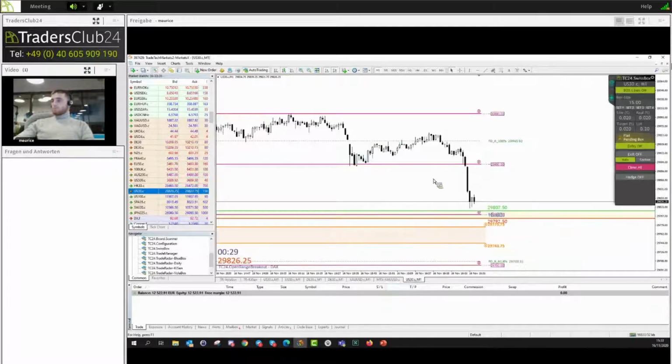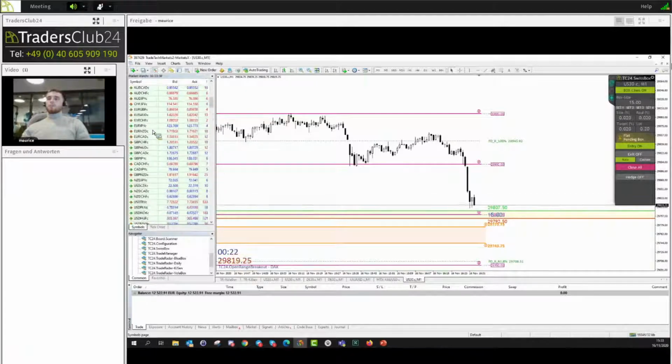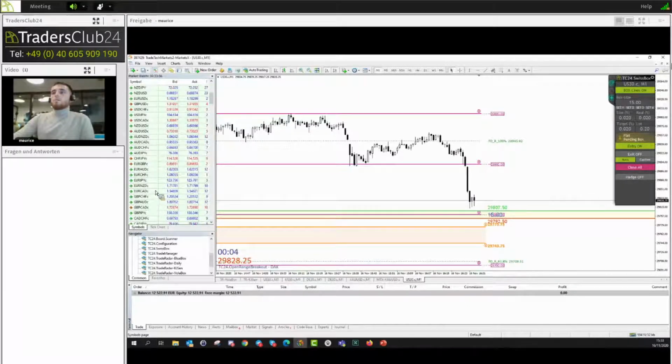Again, we don't just limit our tools to the few indice markets. We can actually go into our currency pairs. So over here we have all the currency pairs. You see over here the ones with the C that have lower spread. So we can pick over here maybe a Euro USD.